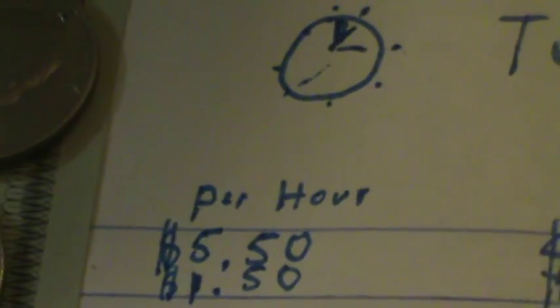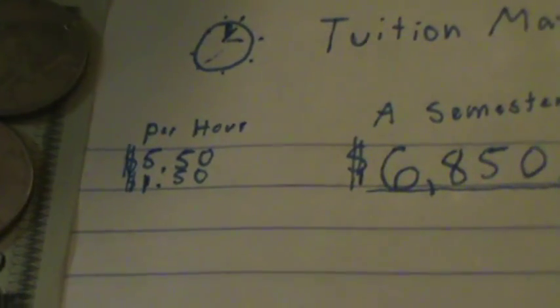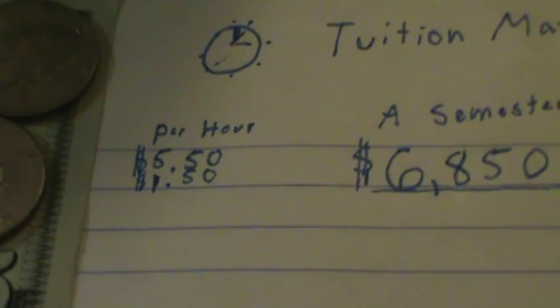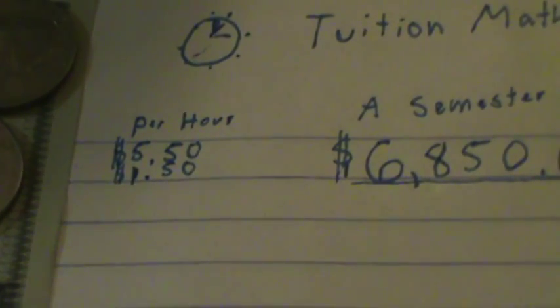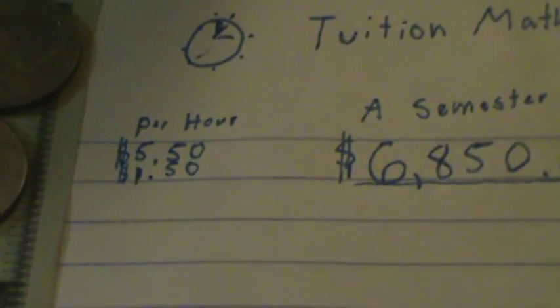We were working on it for maybe 7 hours total, and if we were to multiply 5 and 5, 10, 15, 20, 25, 30, altogether I'm guessing the math work would be about $45.